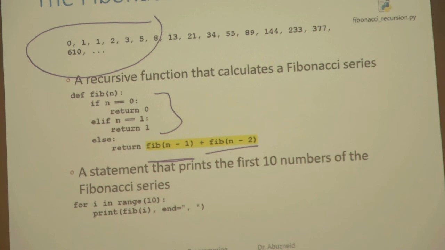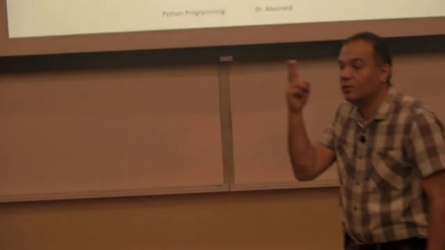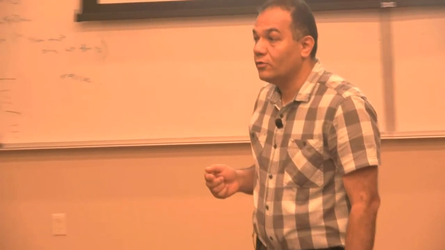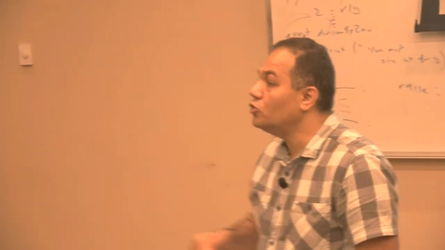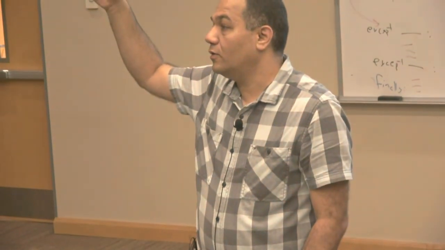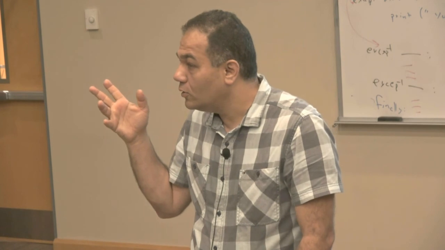So we're going to call fib of n minus 1 plus fib of n minus 2. For every iteration, how much are we calling? Twice, not one time. So this problem becomes what? Exponential, very expensive. Because you have to call twice for every iteration. Not good. Not good in memory, right? All right?